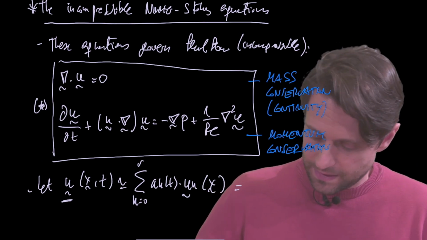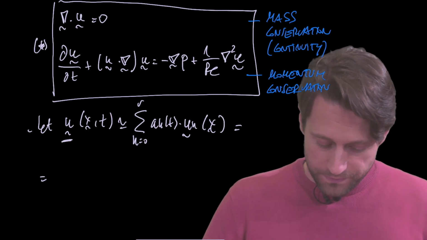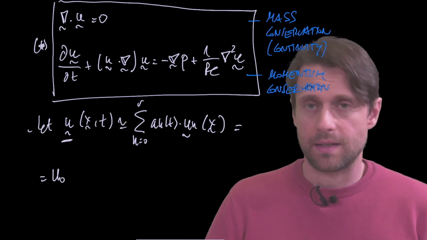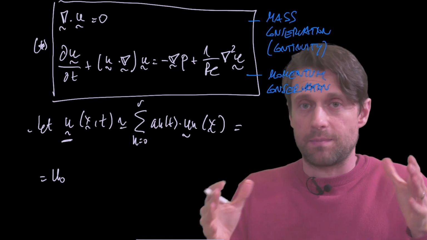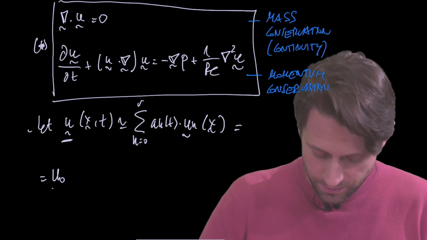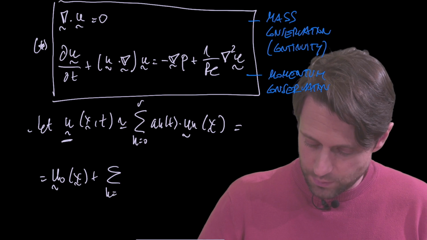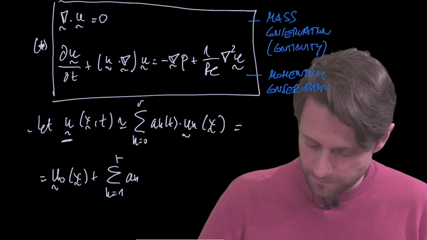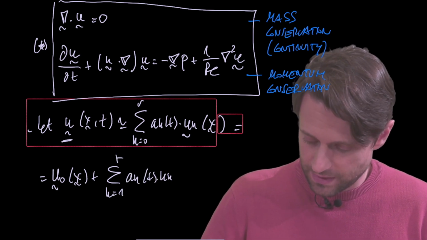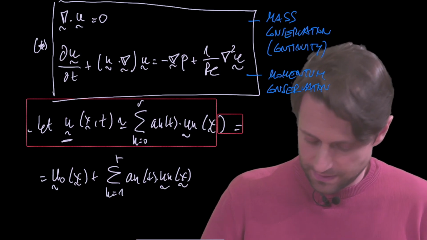Okay, and now this would be basically the base, the base flow, and this would be the mean flow. So this would be u0 of x plus the sum from k equals 1 to r of ak of t times uk of x. Okay?